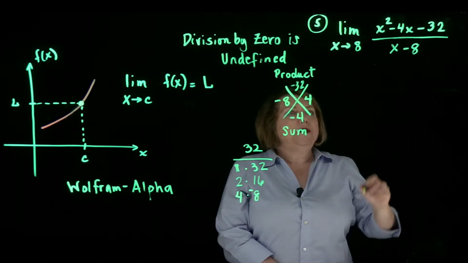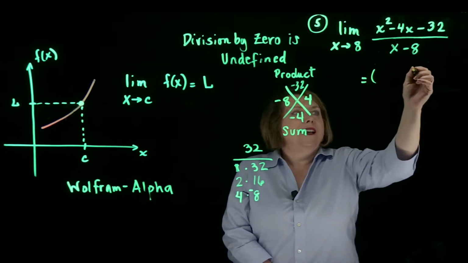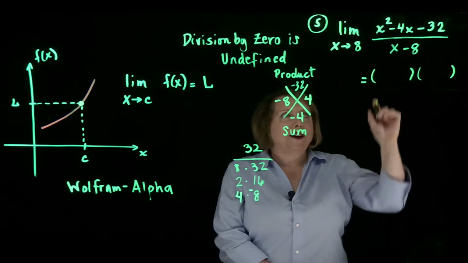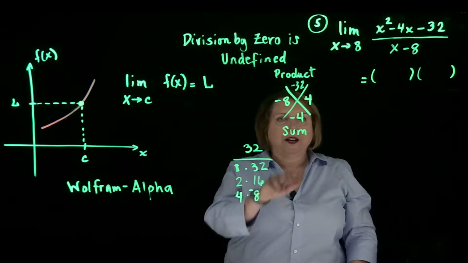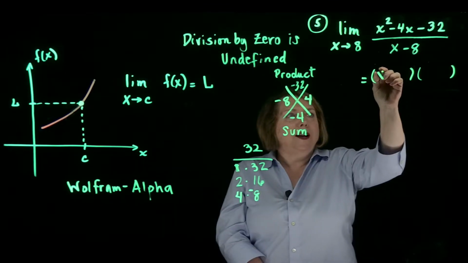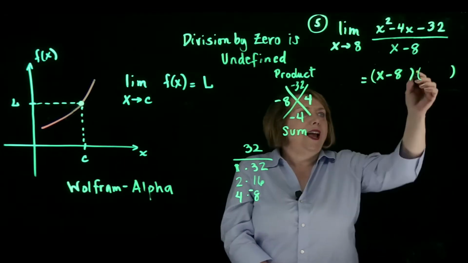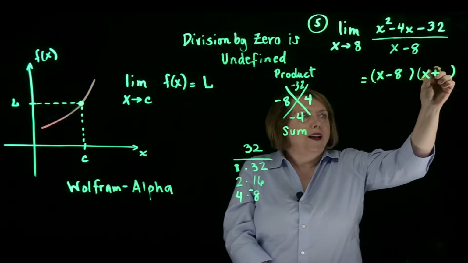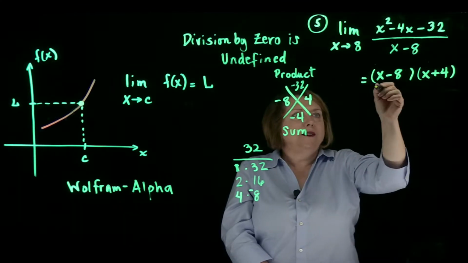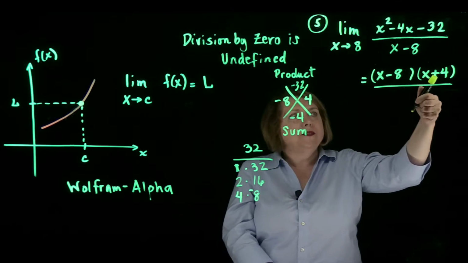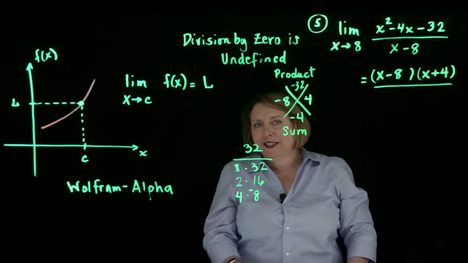So what do I do here? This will help me form my two binomials to factor x squared minus 4x minus 32. I will want x minus 8 in the first binomial, and then x plus 4. Keep in mind you could reverse it, in the sense that the first binomial could be x plus 4 and the second one x minus 8.